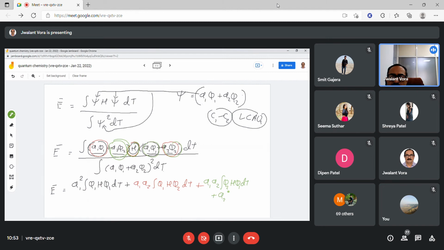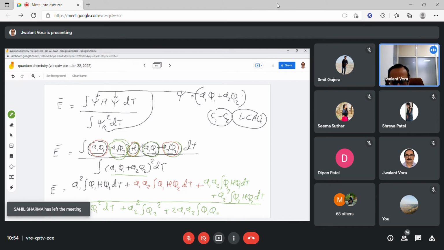So a2 square phi2 H phi2 d tau divided by a plus b નો સ્ક્વેર છે આપણે હમણાં જ કર્યું હતું, a1 સ્ક્વેર phi1 સ્ક્વેર d tau plus a plus b નો સ્ક્વેર a સ્ક્વેર plus b સ્ક્વેર plus twice ab, phi2 b square plus twice ab phi1 phi2 d tau.